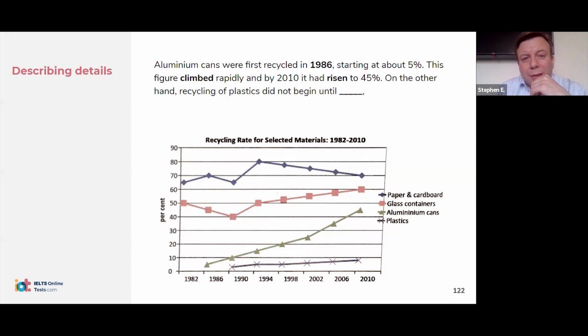On the other hand, recycling of plastics did not begin until, okay, yeah, good. Very good. And constantly but slowly. Okay, good.